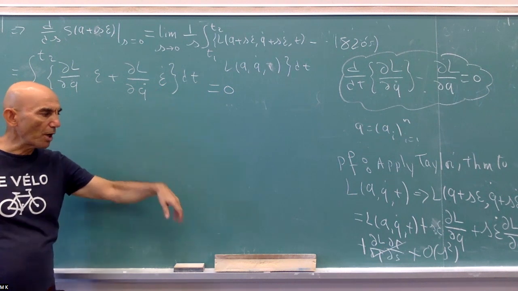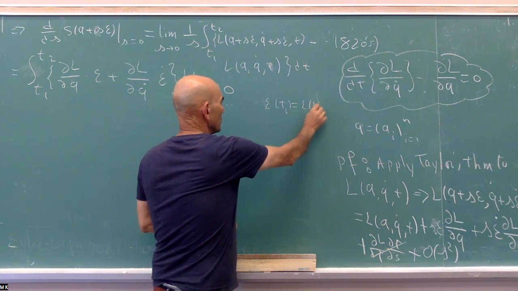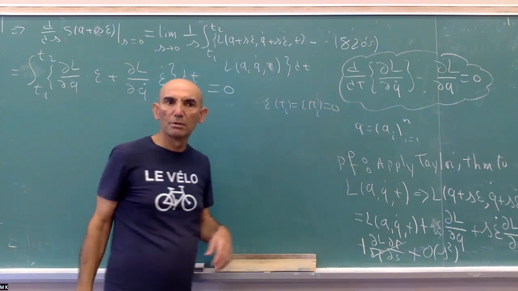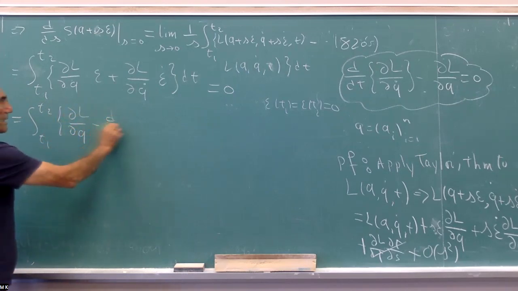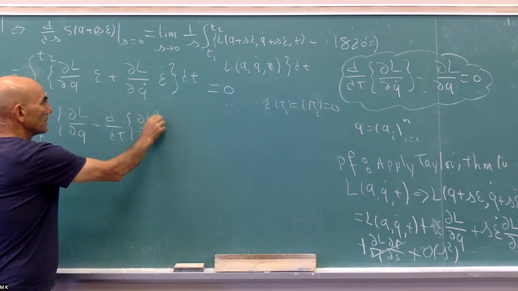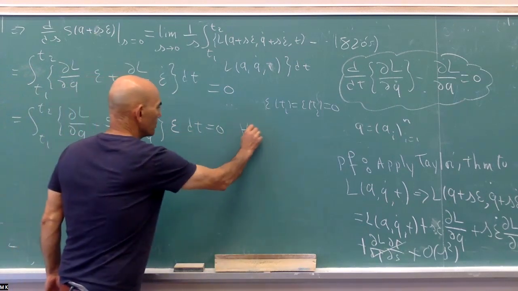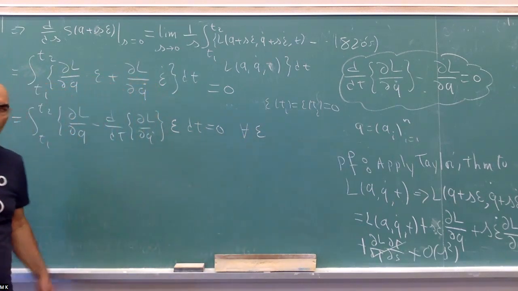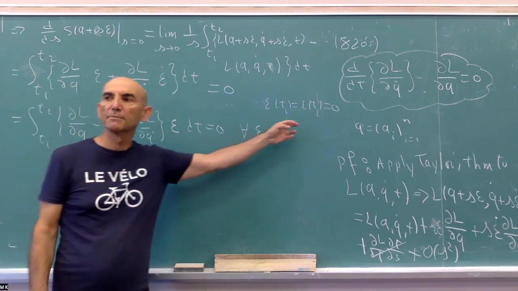Once you use integration by parts, and you use the condition that epsilon(t1) equals epsilon(t2) equals 0, you can write this in the following form: the integral from t1 to t2 of dL/dq minus d/dt of dL/dq dot, times epsilon, dt, equal to 0 for all perturbations. You see, I changed epsilon dot into this term using integration by parts.